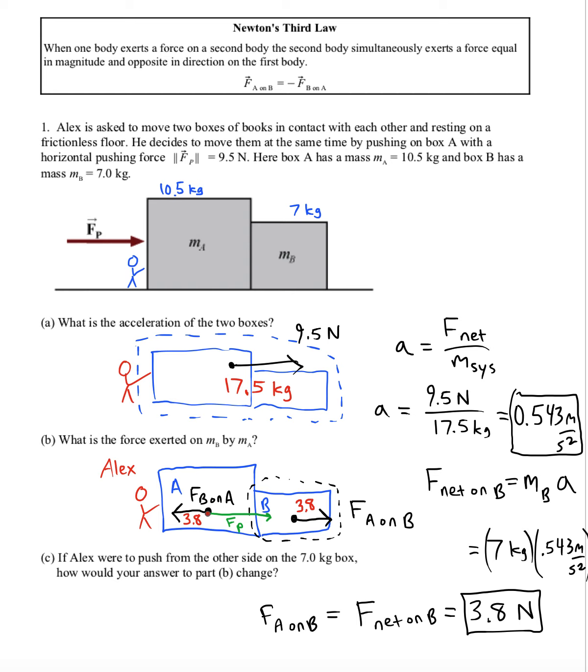So even though Alex applies 9.5 newtons on block A, only 3.8 newtons end up being used to accelerate block B. The reasoning behind this is, see, Alex has to accelerate the whole system. But block A only has to push the smaller block B, and that's why less force is required in order to achieve the same acceleration.